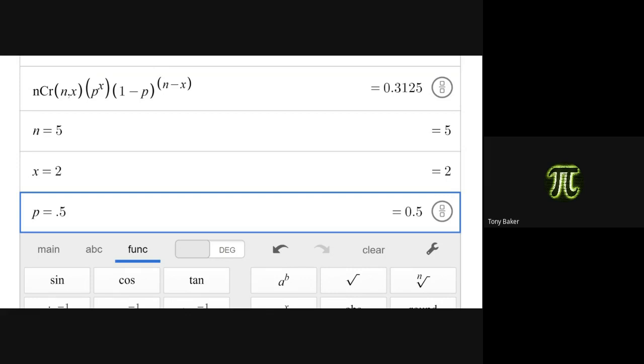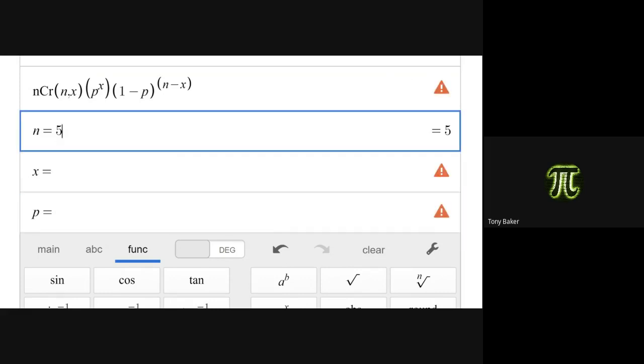And you can type the numbers in, and it'll give you your answer up here. And then you can just change these numbers to whatever numbers you need for the next problem. I have not found a way to save it. So in the graphing calculator, you can save things. In the scientific calculator, it doesn't let you save things.